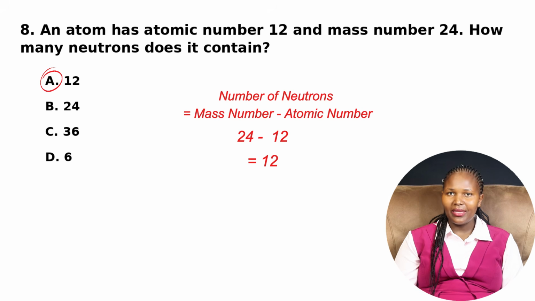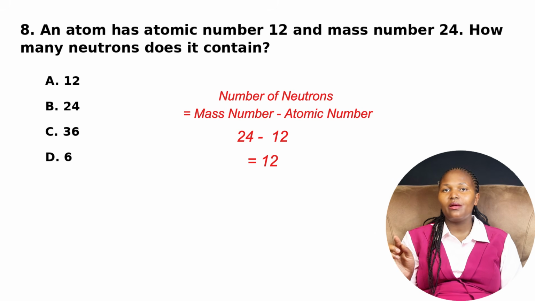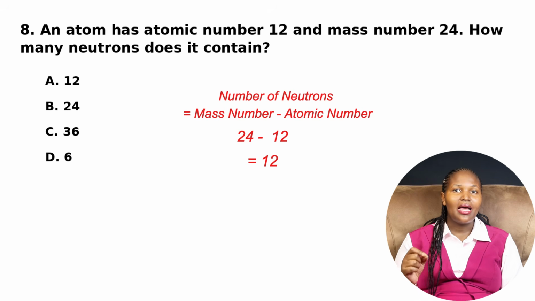So remember this. When you master such a formula, if the question comes in a way you are given the atomic number and the neutrons, that should also be easy because if neutrons equals mass number minus atomic number, then that means mass number equals neutrons plus atomic number. You see, so they can switch.